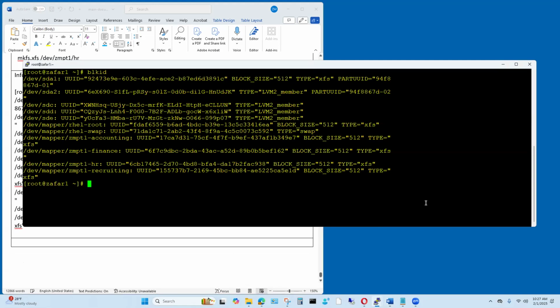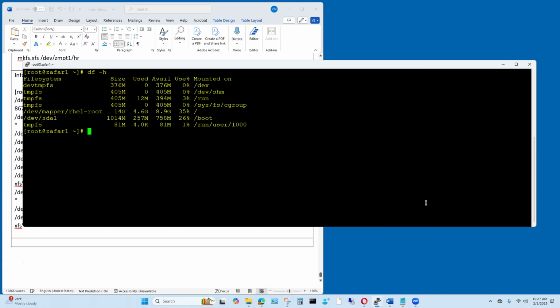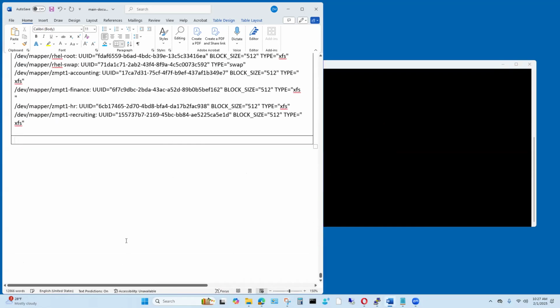And then if you do clear, and if you do df -h, you see these are not usable. Why? Because they're not mounted yet. So what we need to do is mount them to make them usable.